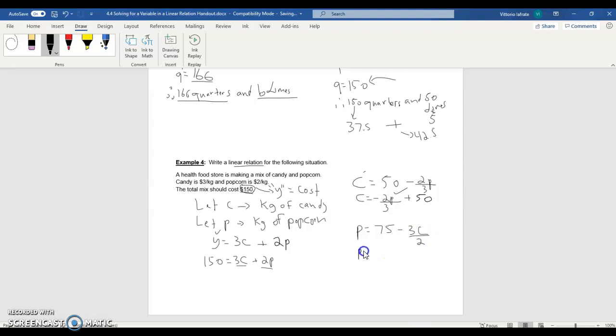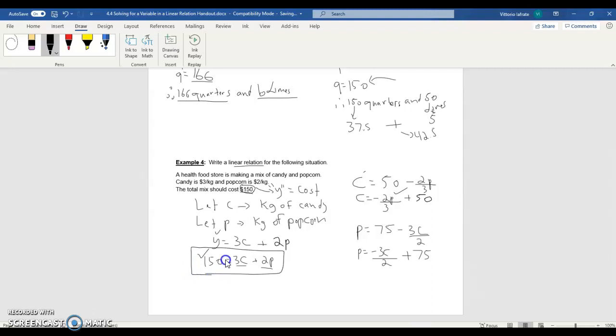Rearranging it so that it looks more like an mx plus b equation, minus 3C over 2 plus 75. And then you can do the same exercise. You can try to find different combinations of candy and popcorn with an equation like this that would total up to 150, and you can go back and use your equation to see that they actually do come up to $150.